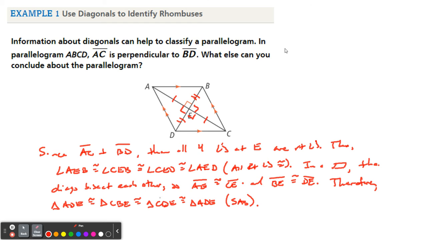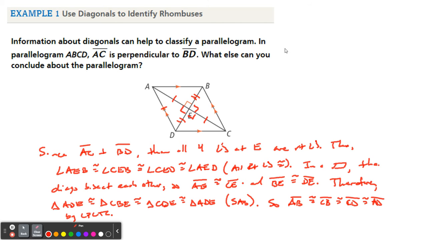Because those 4 triangles are all congruent, all the corresponding parts are congruent, and these outside sides, AB, CB, CD, AD, are all corresponding parts. So segment AB would be congruent to segment CB, congruent to segment CD, congruent to segment AD, and that would all be by CPCTC.